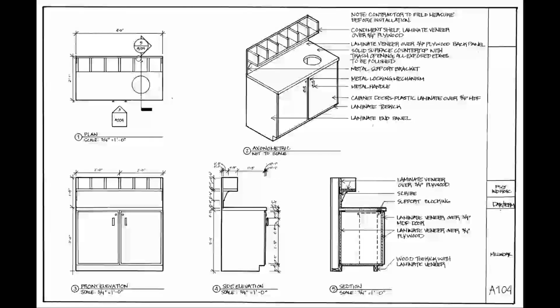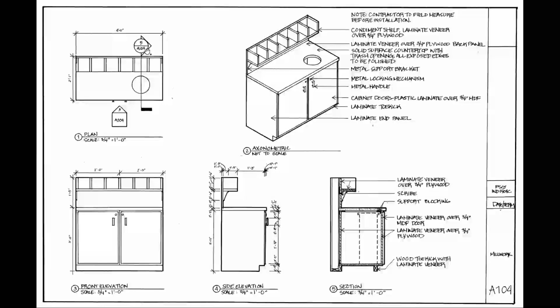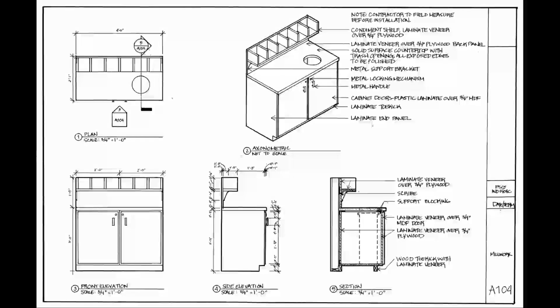So again, dropping a blade right down this part here and looking to the right. So if we want to know what happens if we slice through this thing and how it's built, then we have to look at drawing number 5 on sheet A104, and I'll be darned, it's right there. But we'll get back to that in a second.